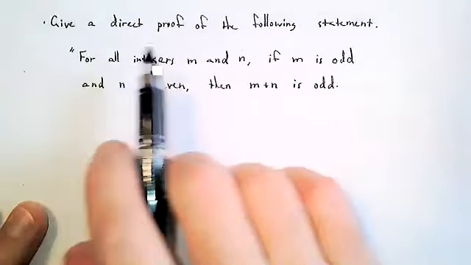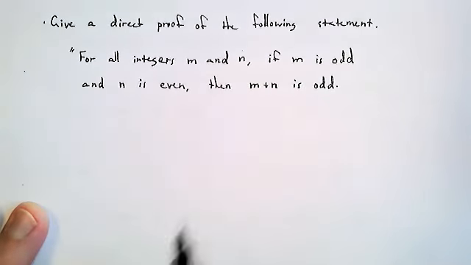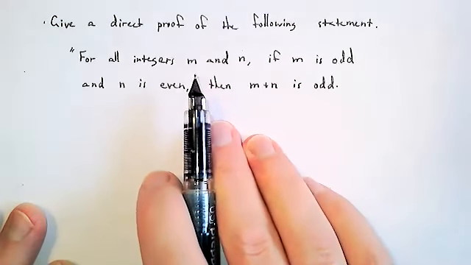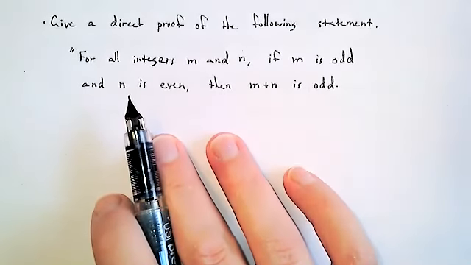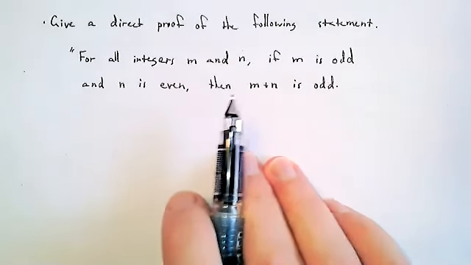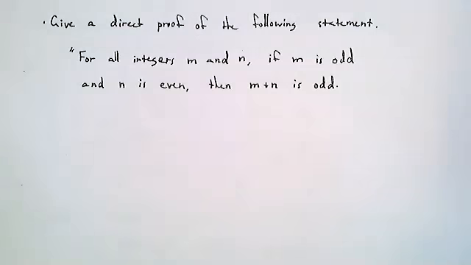I want to give a direct proof of the following statement. For all integers m and n, if m is an odd integer and n is even, then m plus n is odd.